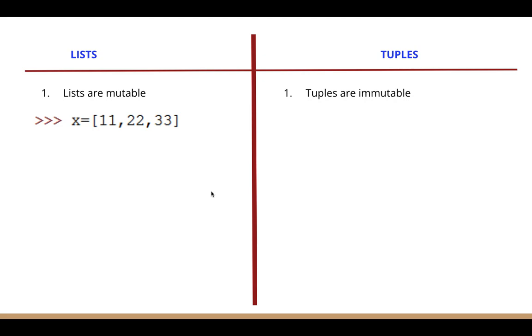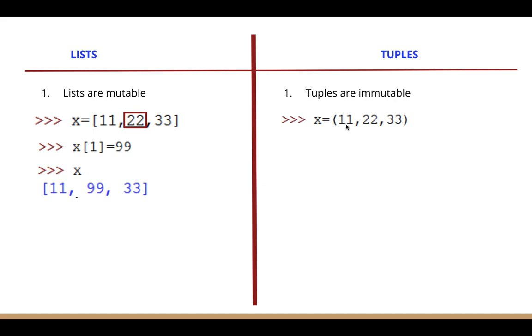Let's say this is a list enclosed within this third bracket. So if I want to change this 22 to something like 99, it can be done. So if I write x[1] equals 99, the code will be processed successfully. So if I print x, it will show 11, 99 and 33.